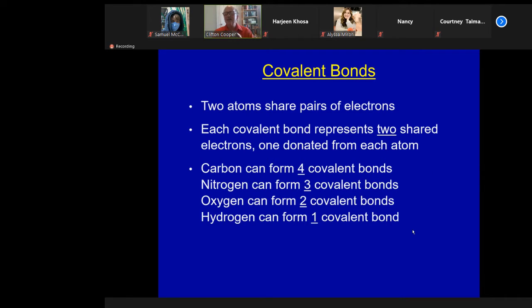And here's what happens. Carbon is able to form 4 of these sharing arrangements. Nitrogen forms 3 or sometimes 4. Right here we're just going to say 3 covalent bonds. And that means carbon is forming bonds with 4 other atoms, potentially, sharing 4 pairs of electrons with 4 other atoms.